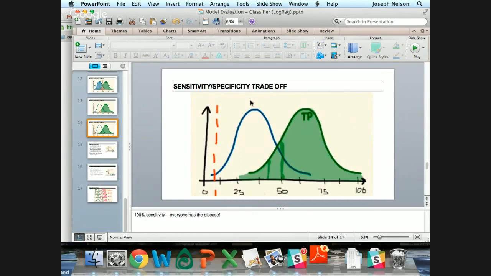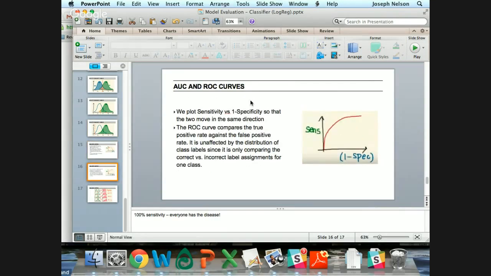And linking it all the way back to the start, that all depends on us choosing some value of the cutoff point in our logistic regression. You choose some cutoff point in that value, that affects your sensitivity, that affects your specificity. Those sensitivities and specificities can be plotted against one another, and we plot them in a way that is useful to us, where you do 1 minus specificity, such that maximizing area under here is a good thing.